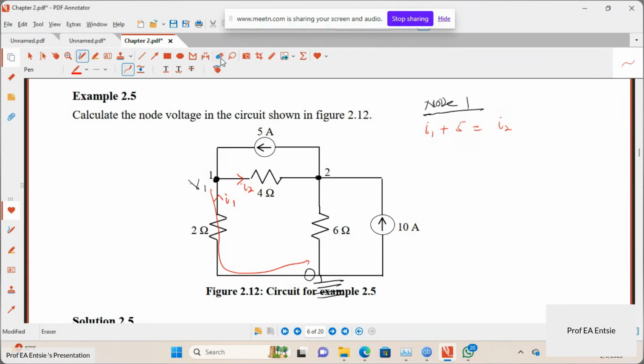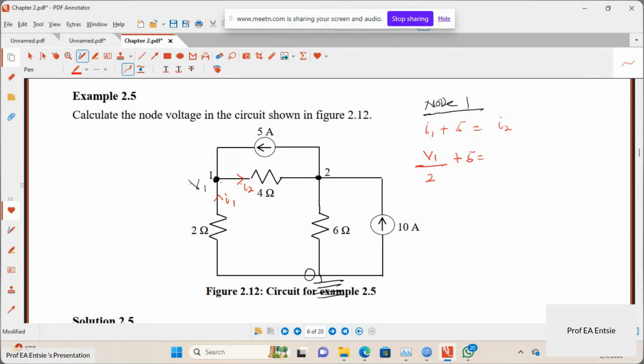So it will be the voltage in that branch, which is V1, minus the reference 0, which is still V1, over the resistance there, which is 2. That will give me the current in this branch, I1, plus my 5 should give me I2.